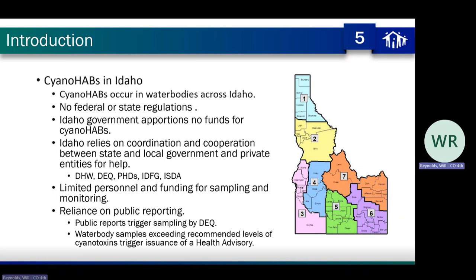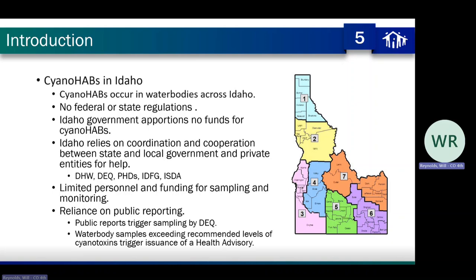We do rely on coordination and cooperation between state and local governments and private entities for health. Some of these would include the Department of Health and Welfare, Department of Environmental Quality, the Public Health Districts, Idaho Fish and Game, Idaho State Department of Agriculture. We also rely on assistance from Idaho Power, the State Parks and Recreation, and other entities, as well as the public, really.